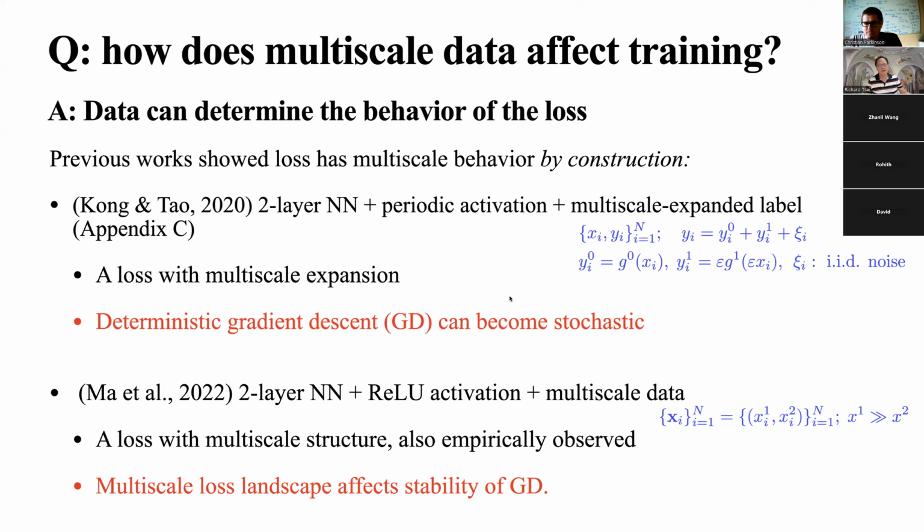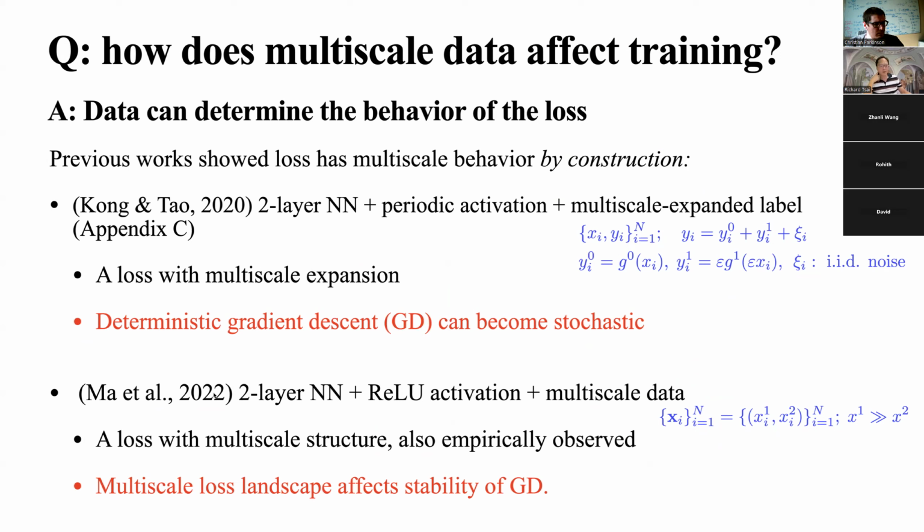What they prove, a very interesting result, is that following these hypotheses, if you employ deterministic full gradient descent on the loss function, the dynamics of this gradient descent algorithm with a fixed learning rate could exhibit stochasticity. That's very interesting.